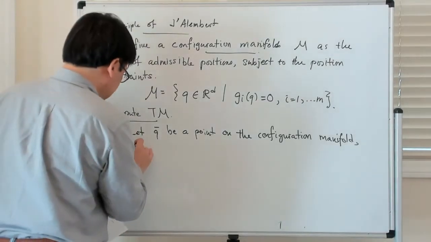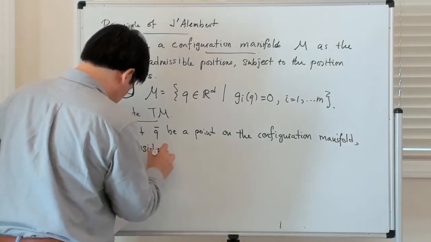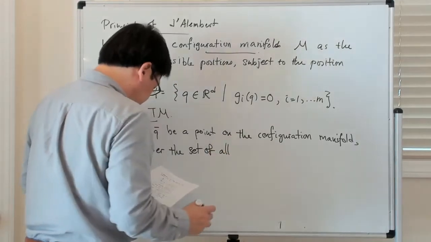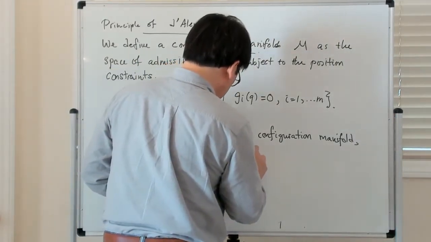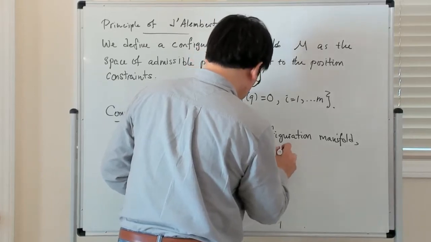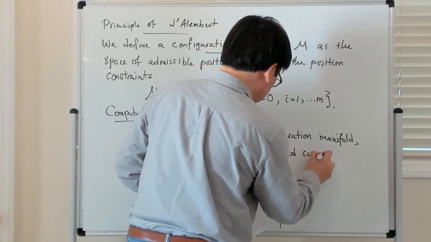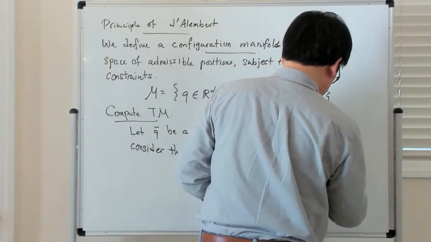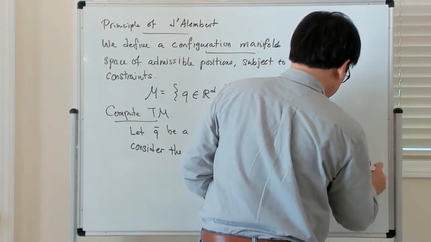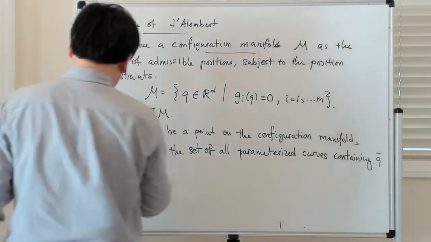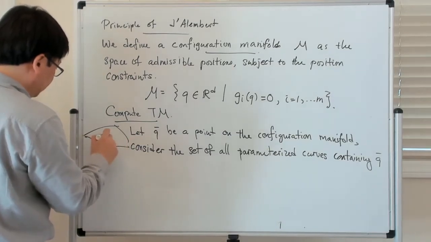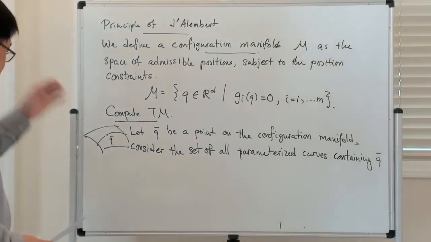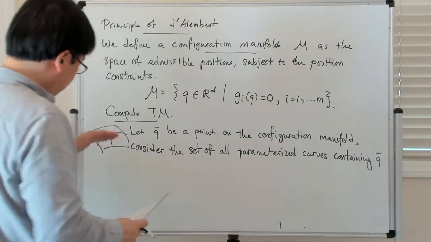And then we consider the set of all parametrized curves containing Q bar. If you have a picture like this, you have a point Q bar, and you look at the curves which contain Q bar as one of the points.